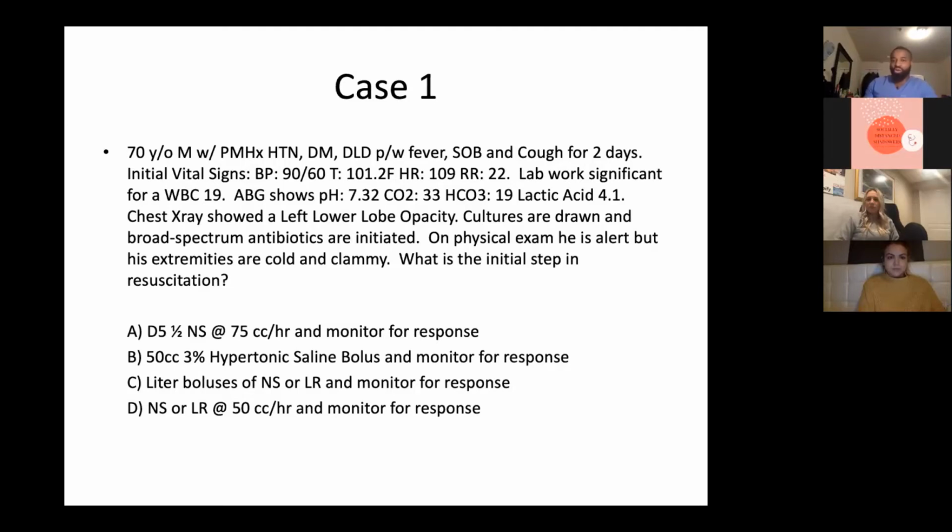They drew some cultures, and what you do in a hospital setting when you're treating pneumonia and you're suspicious of something is start off with a broad spectrum. Broad spectrum antibiotics cover a wide range of bugs before you know the actual bug.